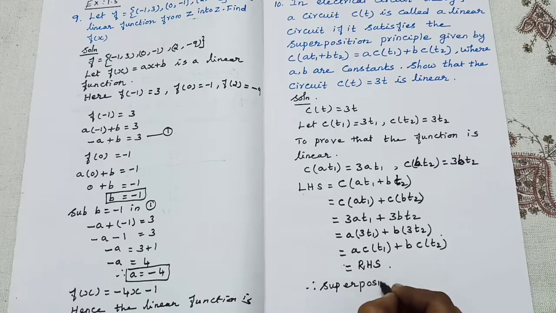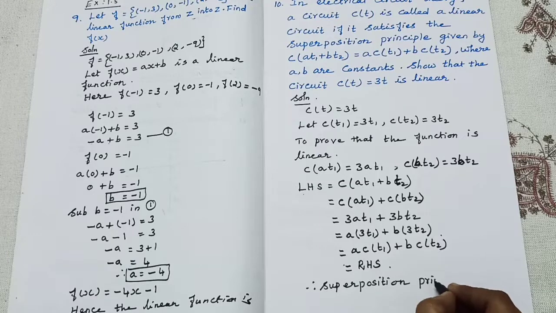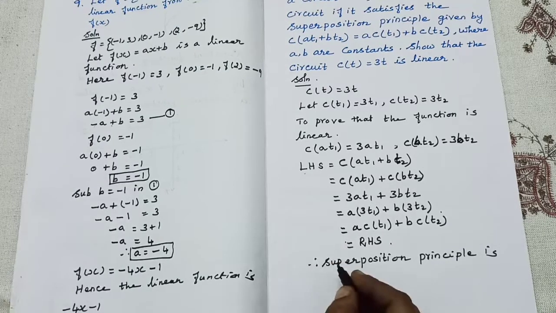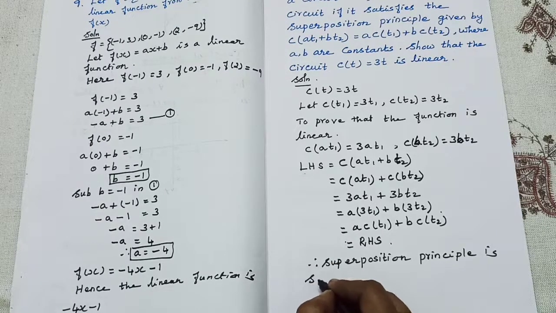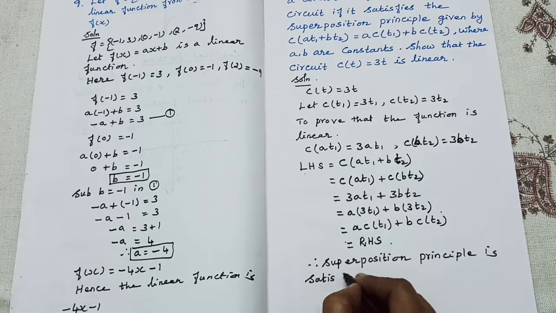Therefore, the superposition principle is satisfied. Satisfied means what can we write? Hence, this circuit C of T equal to 3T is linear.